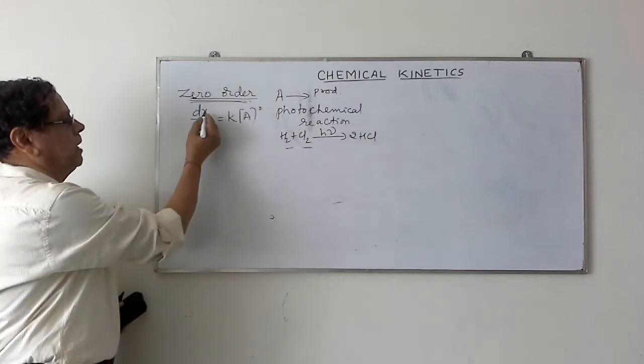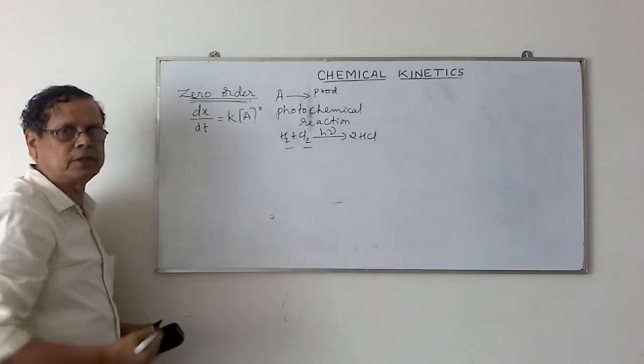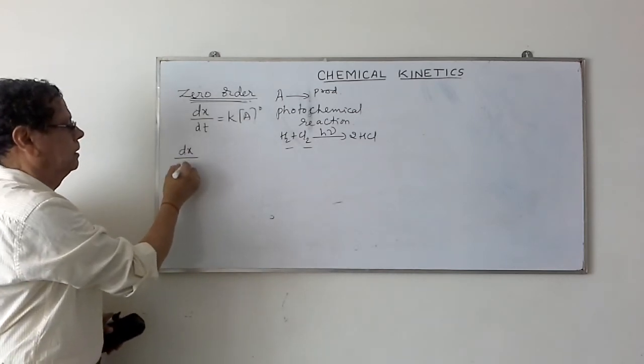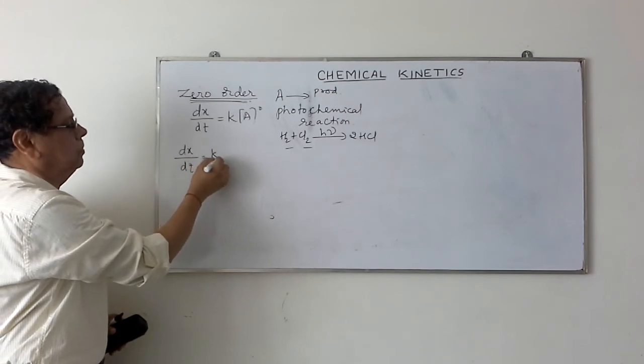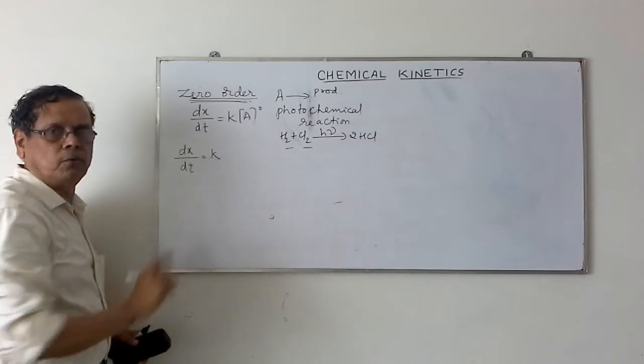For zero order reactions we write dx by dt is equal to k into a to the power 0. Or in other words, we can write dx by dt is equal to k into 1, because a to the power 0 is equal to 1.